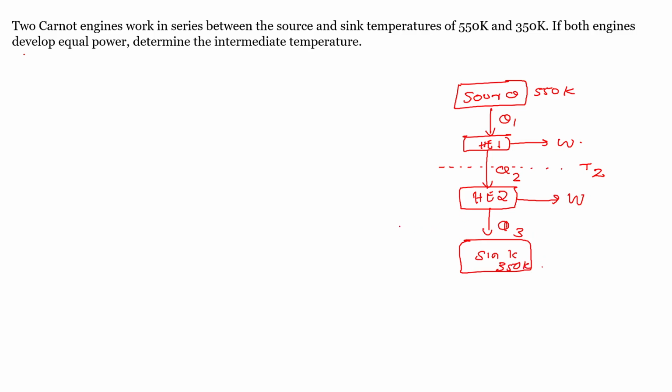Here the temperature of the sink is T3. Okay, these many details we have. Now what will be our T1? T1 will be 550 Kelvin and T3 will be 350 Kelvin. We have to find the value of T2.